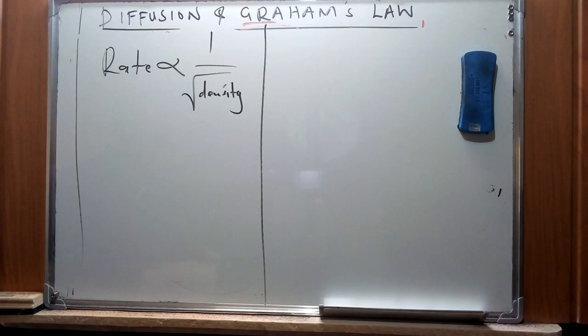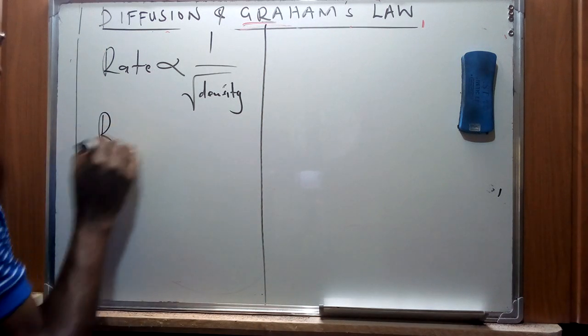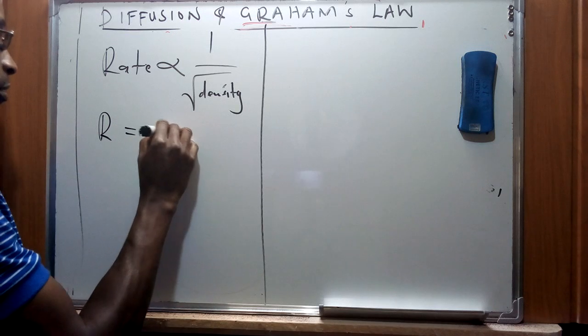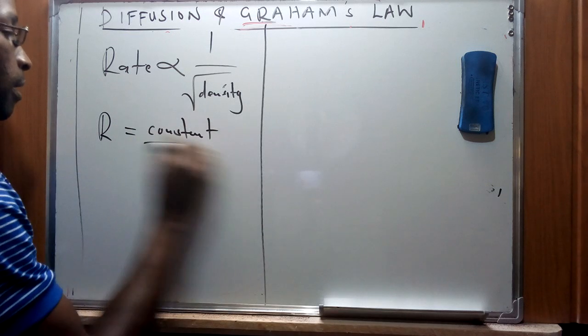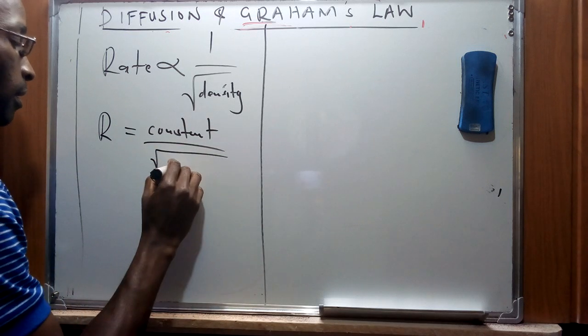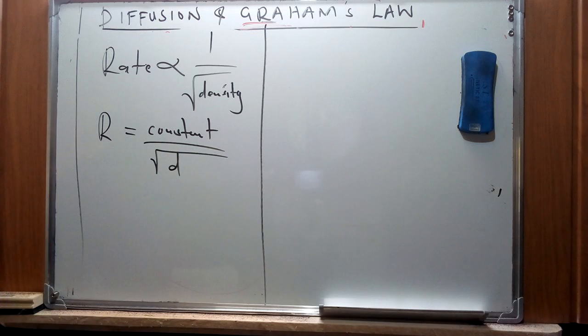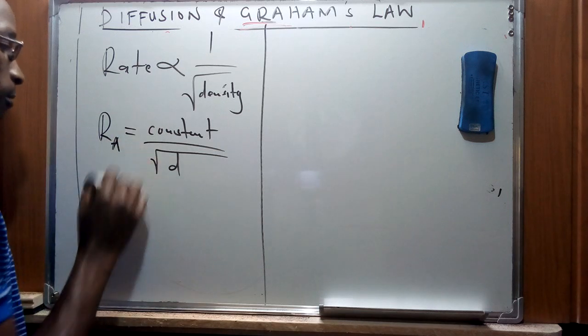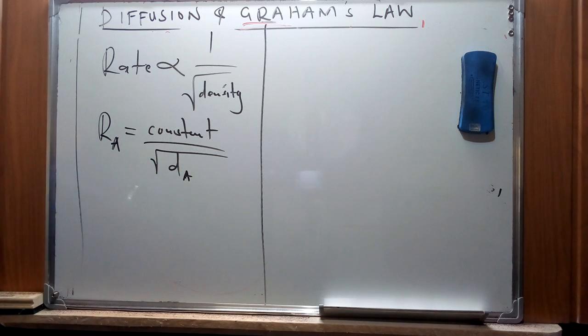Therefore, as we have done for others, we find that the rate represented by R is equal to a constant over the square root of the density. And in this case, if we have a gas A that is undergoing diffusion, we are going to have the rate of A over the square root of the density of A.